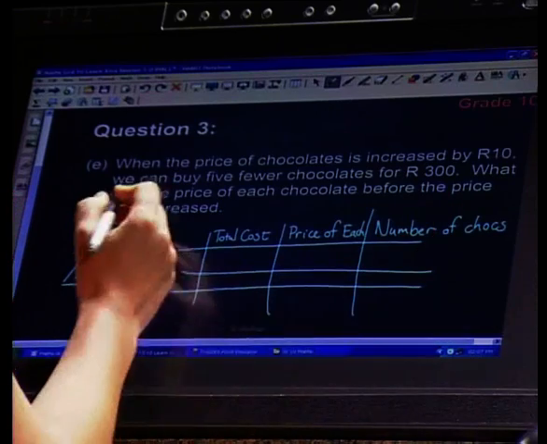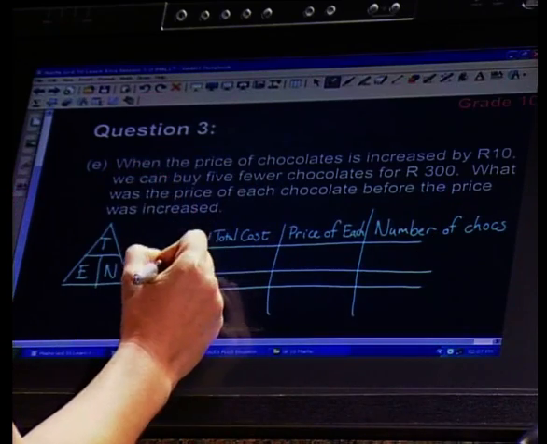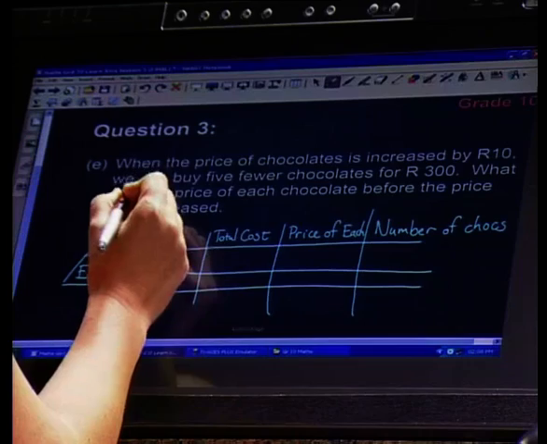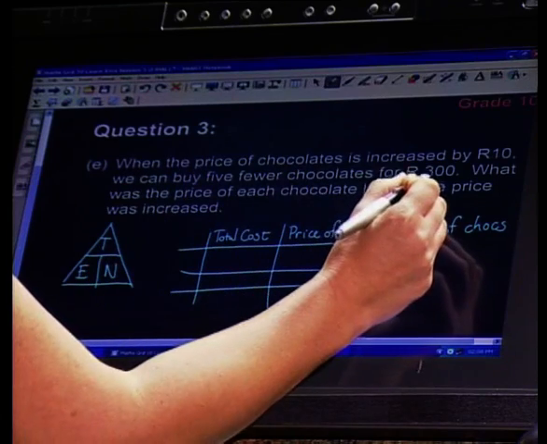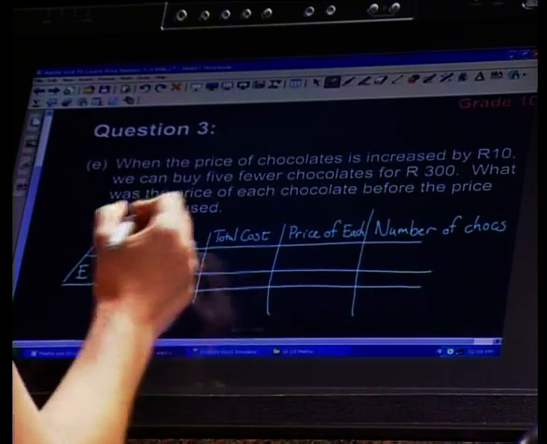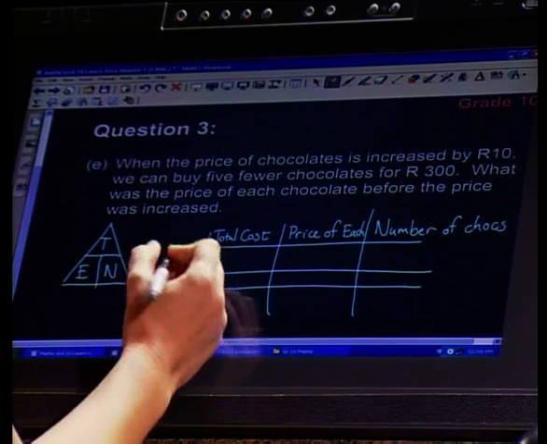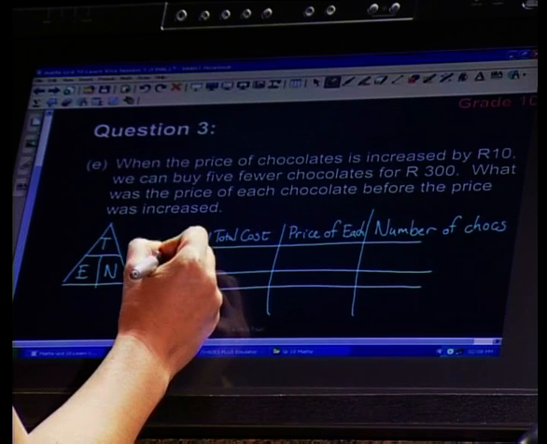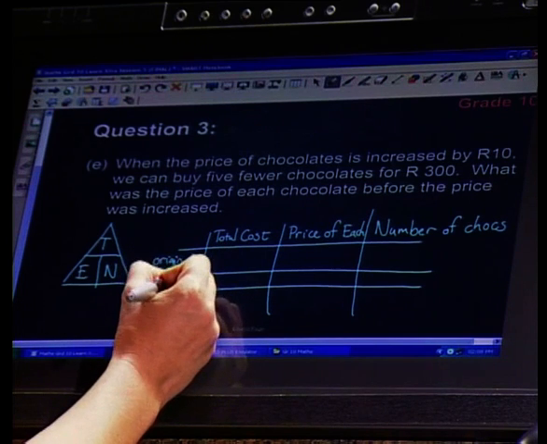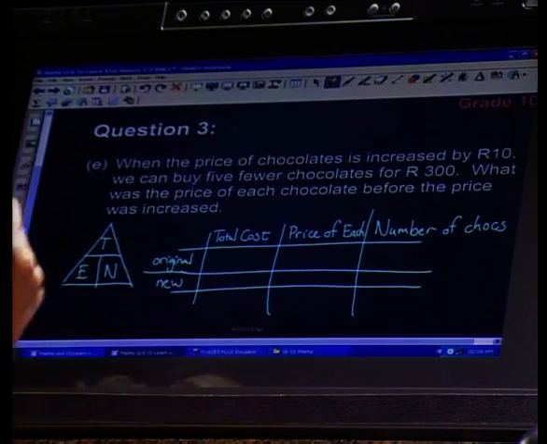Okay. And it says when the price of chocolates is increased by 10 Rand, we can buy 5 fewer chocolates for 300. What was the price of each chocolate before the price was increased? So original price will be one row, and new price will be the other row.